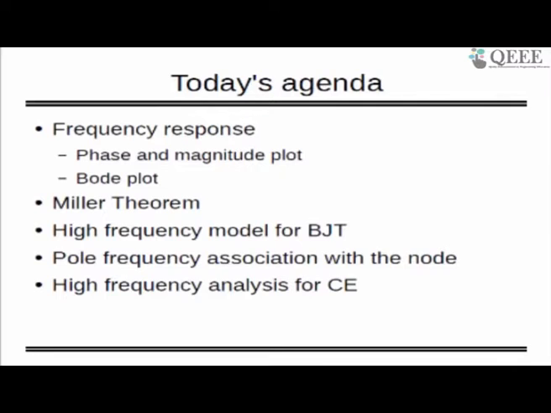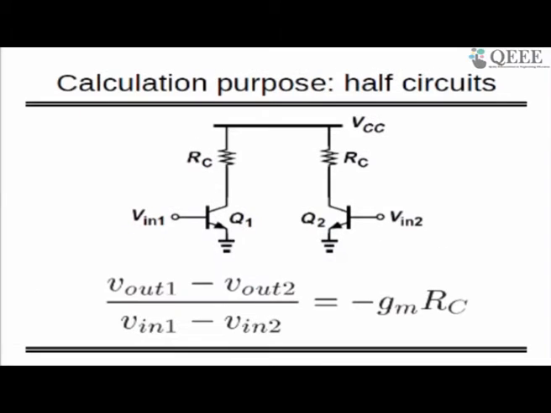That can be understood from Miller theorem, which is actually the tool to solve poles and zeros, and we are going to learn high frequency analysis for the common emitter. If it is possible, we can do this. Otherwise, I will try to cover the basic understanding of the common emitter amplifier. Let's see how much I can cover today.